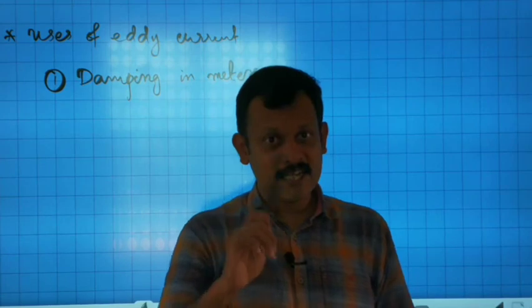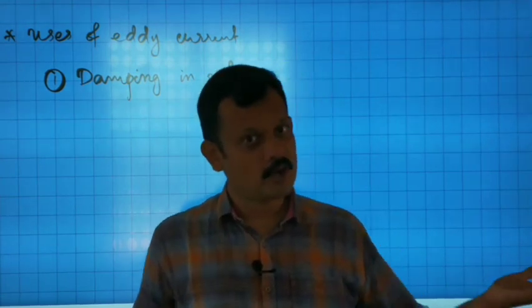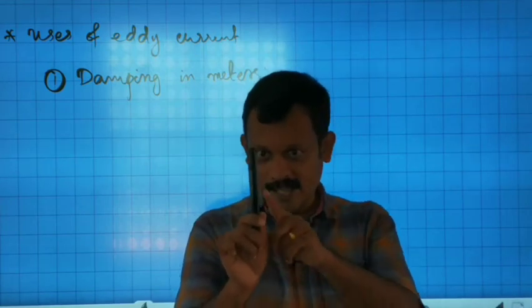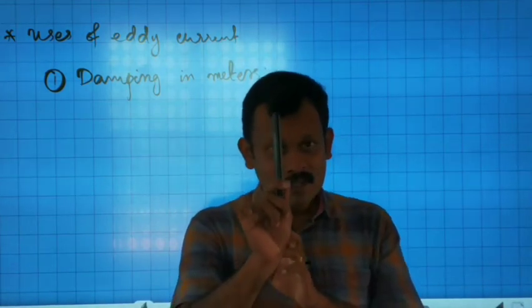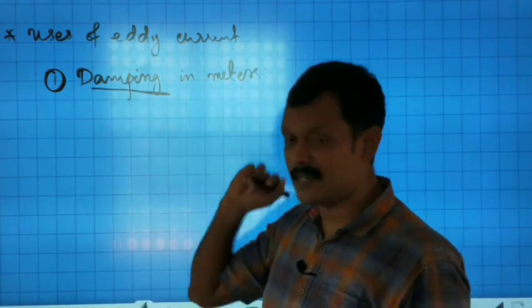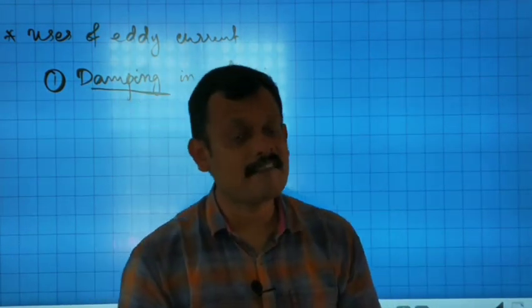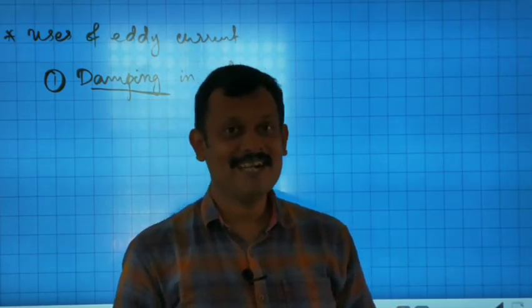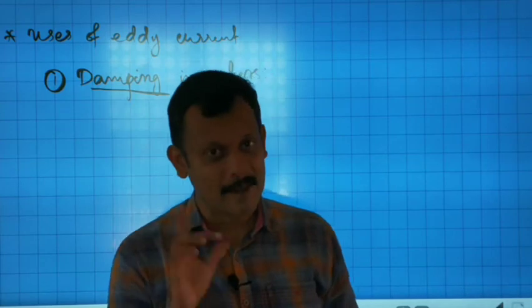No. When the needle is deflecting like that, you are unable to take the reading properly. This can be accomplished by having a damping effect in meters, and such a damping effect is produced by eddy currents.